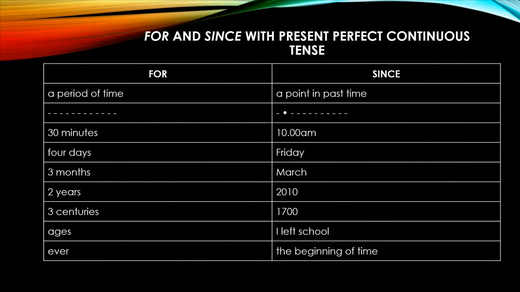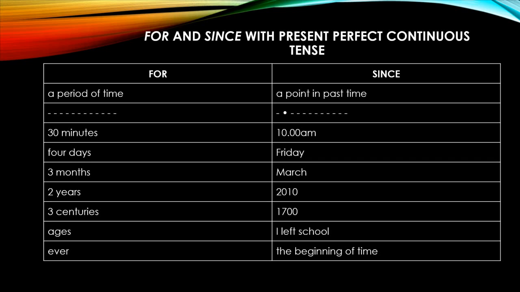Now we have for and since with present perfect continuous. As I said, this tense takes time as an important aspect, so we're going to learn when to use for and when to use since. On the for side, you can see a period of time, like 30 minutes, 4 days, 3 minutes, 2 years, 3 centuries, ages.